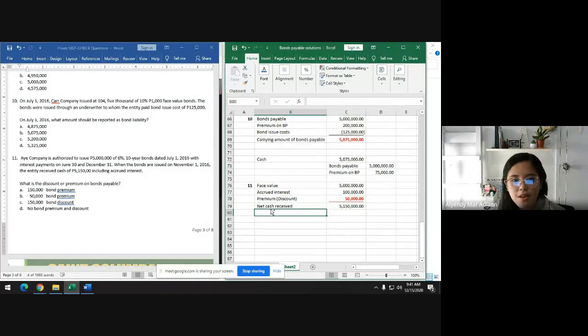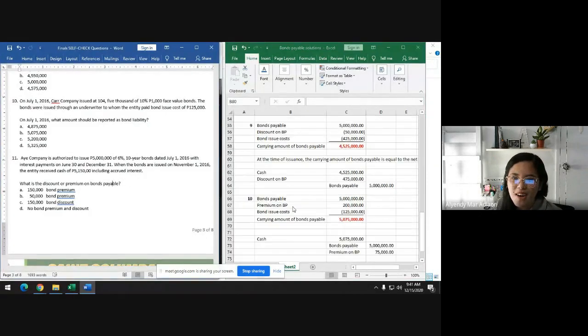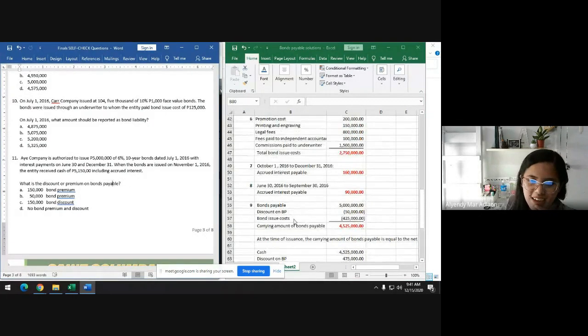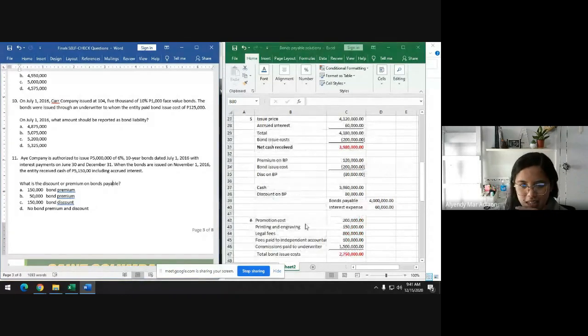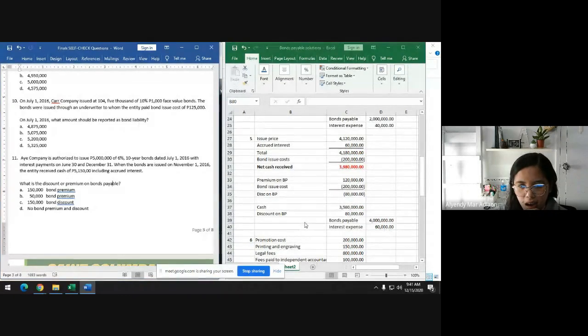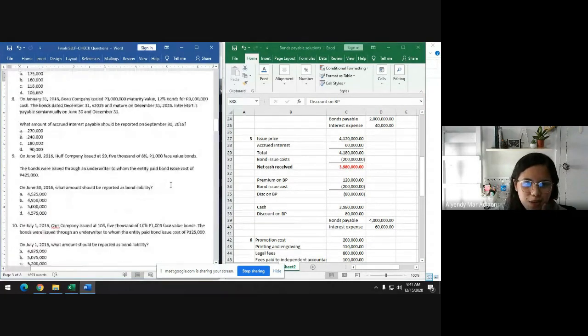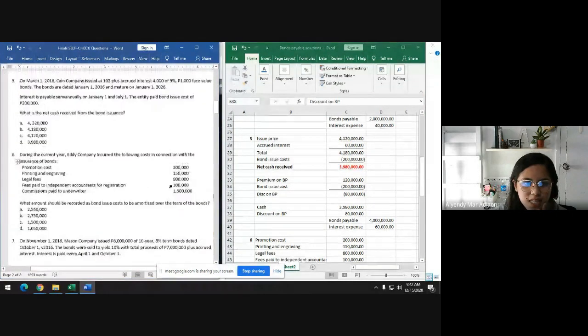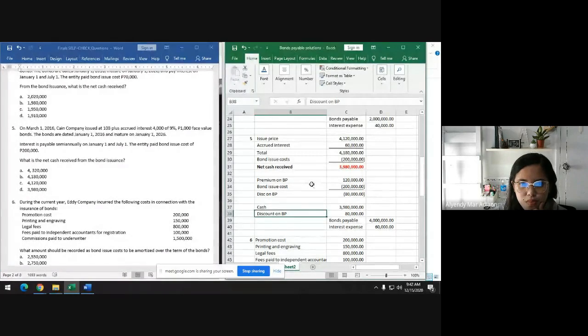So class, what is my favorite problem? One of my favorite problems is the one similar to number 5. It was actually a premium at first, but because the bond issue cost was higher than the premium on bonds payable, it became a discount.